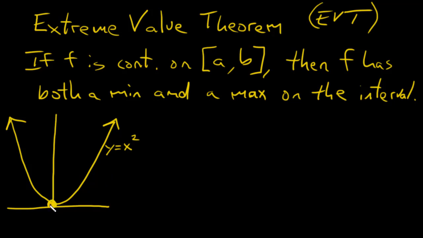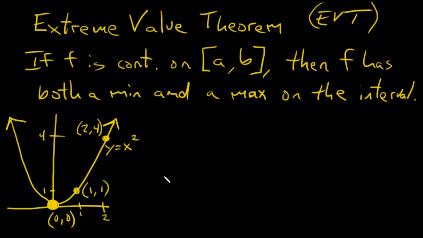So that's (0, 0), and then if I do 1 here, not drawing the scale, this point would be (1, 1). And if I plug x equals 2 into the function, my y value up here is going to be at (2, 4). So this is 1, and this is 4, and that's 1 and 2.